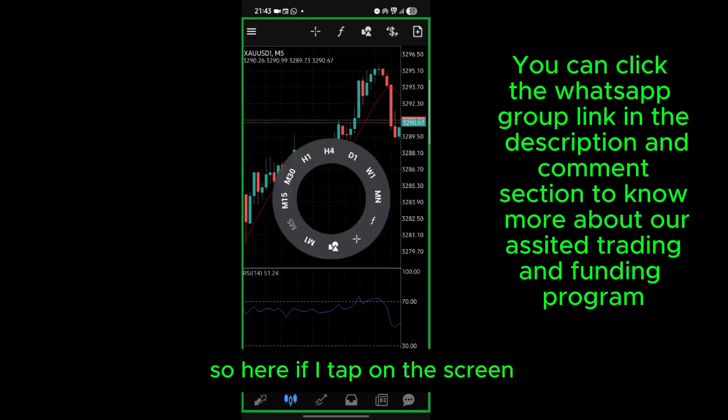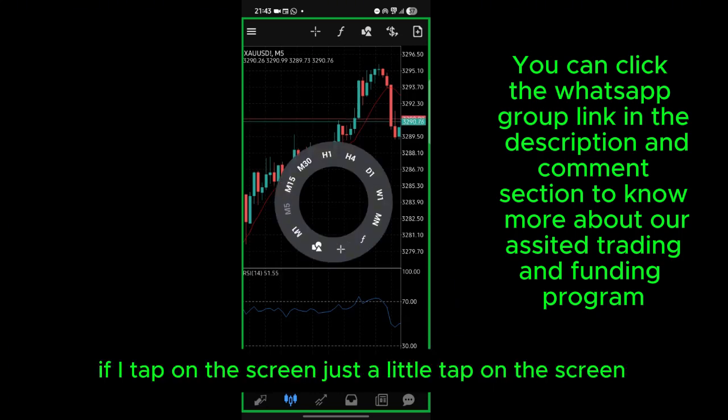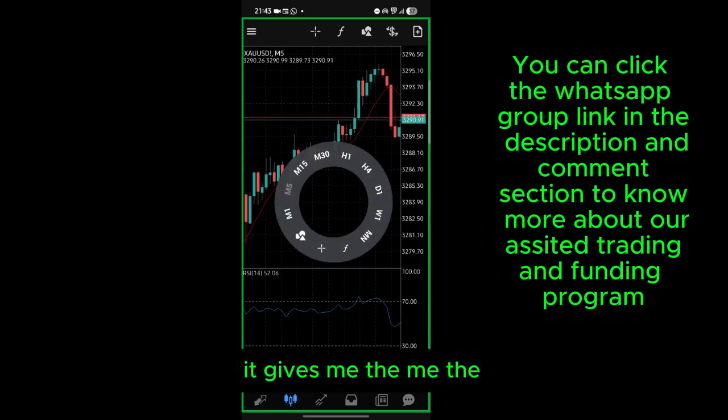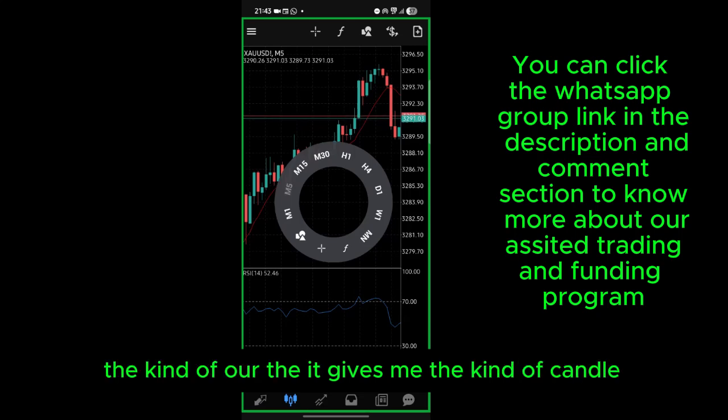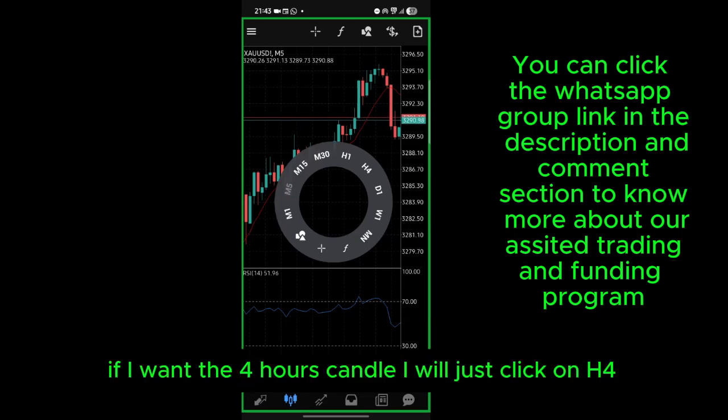So here, if I just give a little tap on the screen, it gives me the kind of candle, whether it's a 4-hour candle. If I want the 4-hour candle, I will just click on H4.